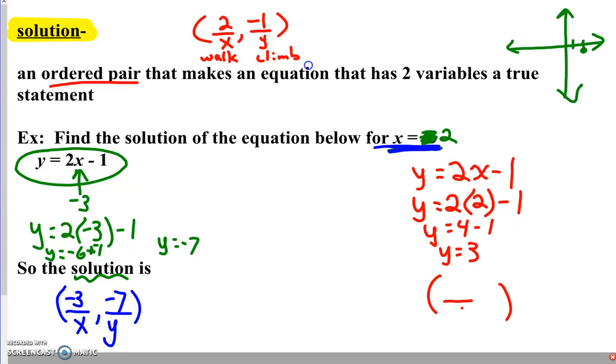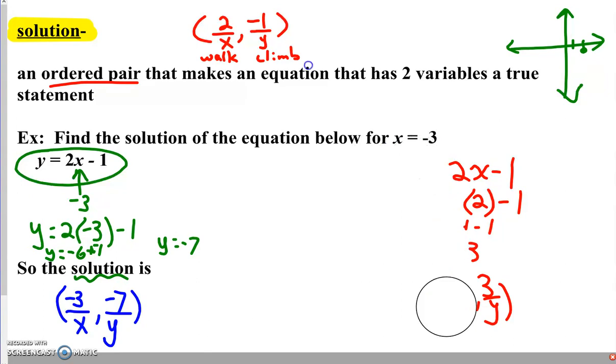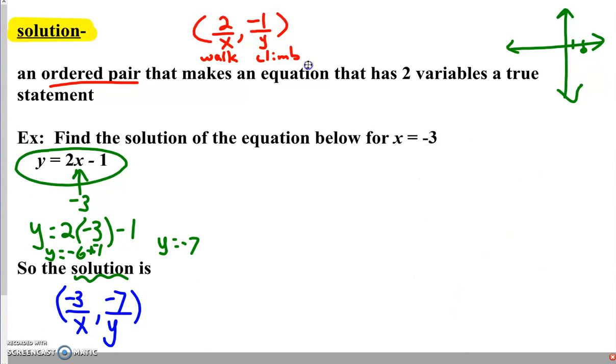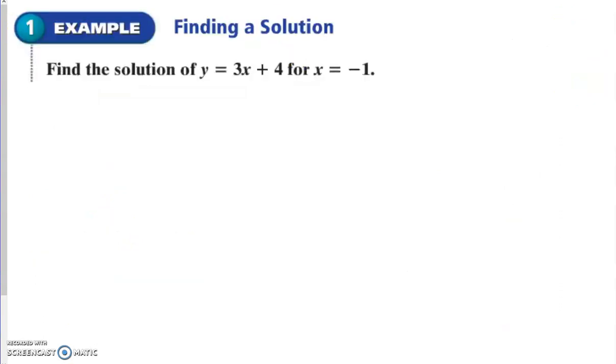So our x value on this one, they said make your x value 2, and your y value is 3. So another solution is 2, 3. There are lots and lots of solutions to that equation. It just depends on what they want x to be. So always important to read it and find out what x is supposed to be.